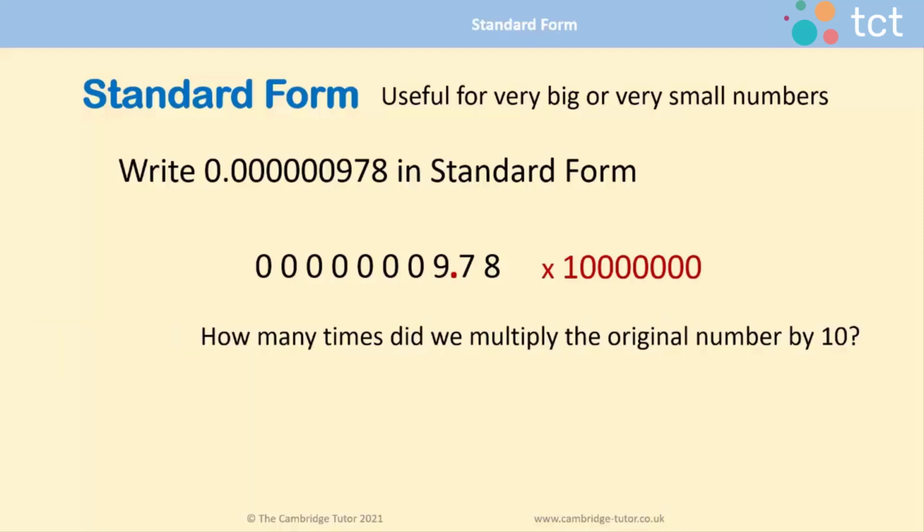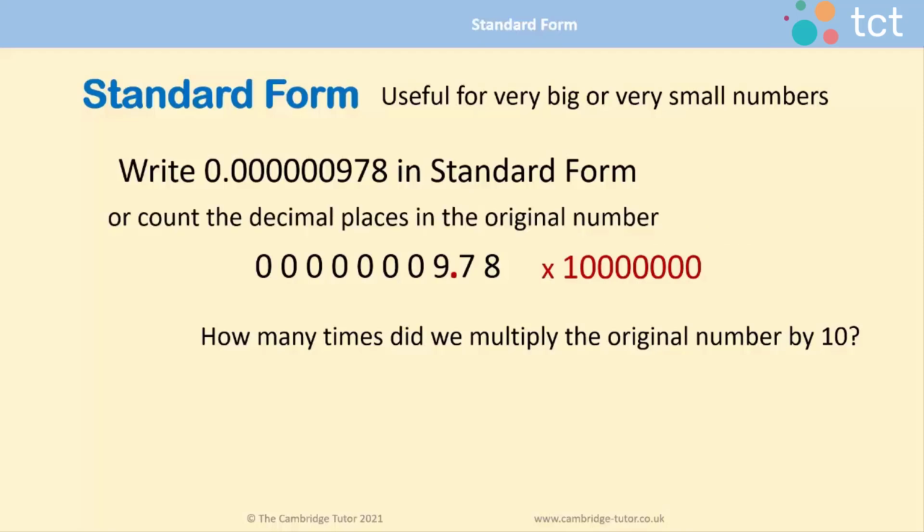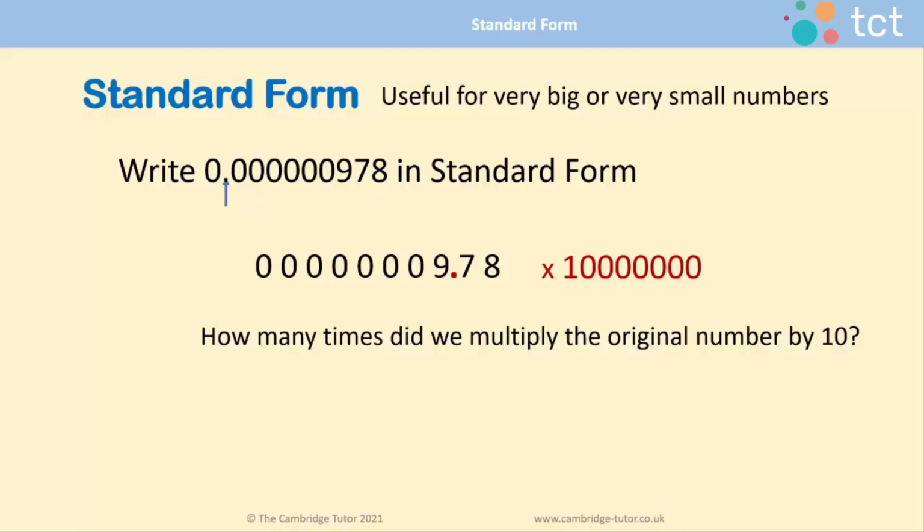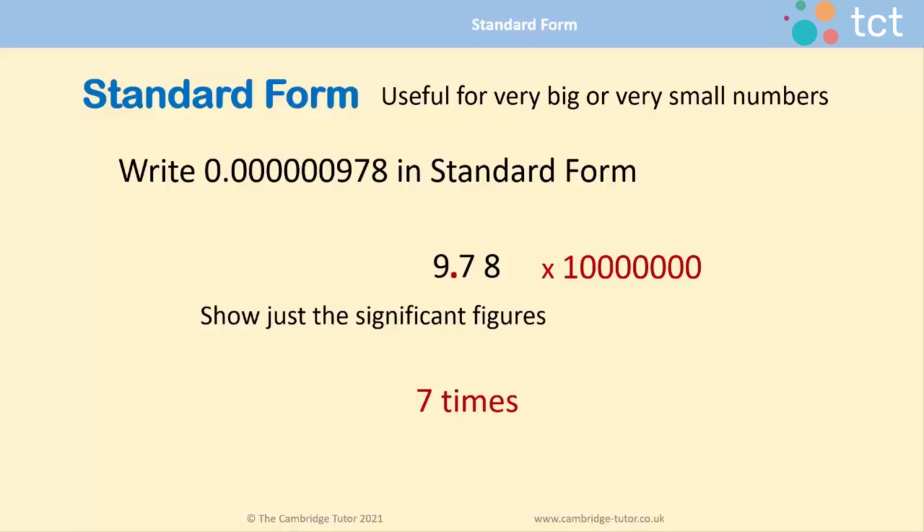How many times did we multiply the original number by 10? Count the zeros or count the decimal places. So looking at the decimal places, how many places does that decimal point move to get after the 9? 1, 2, 3, 4, 5, 6, 7. 7 times. We just need those significant figures so we can get rid of the zeros.